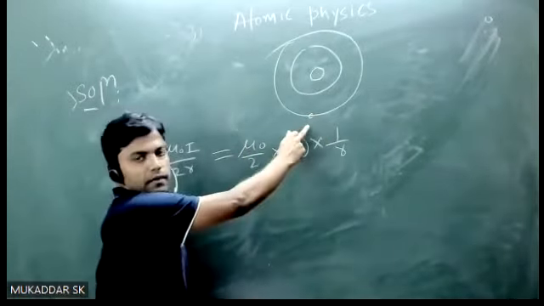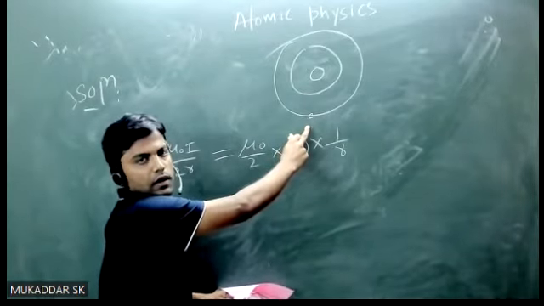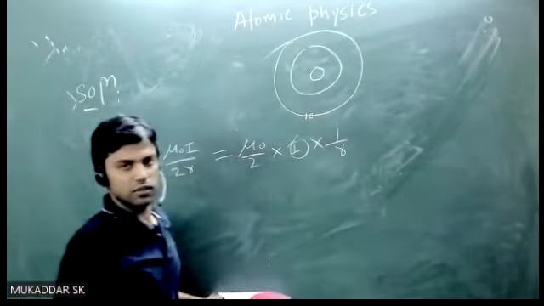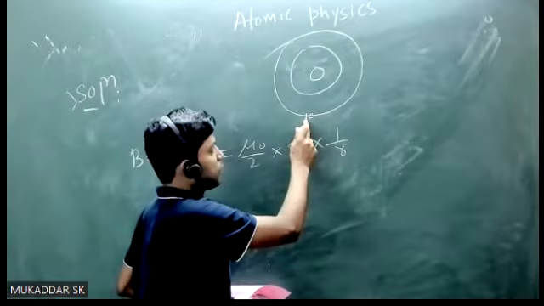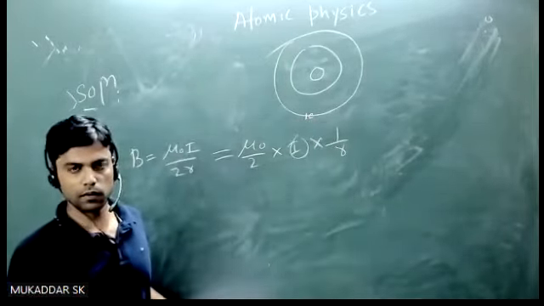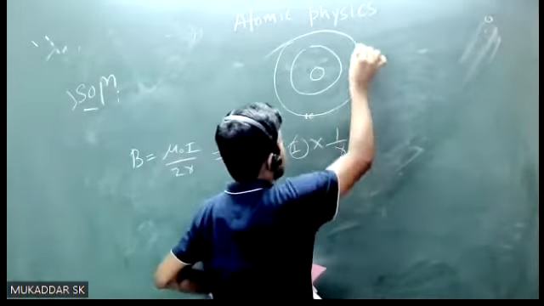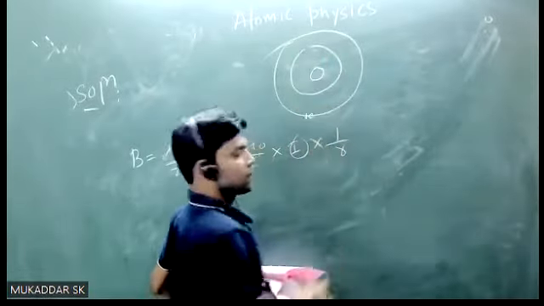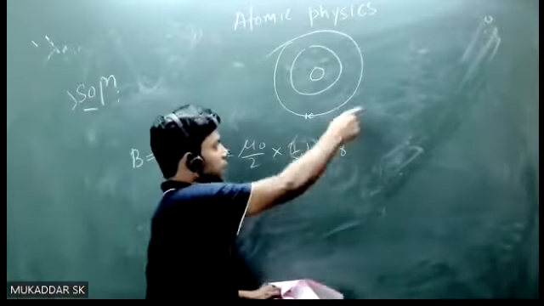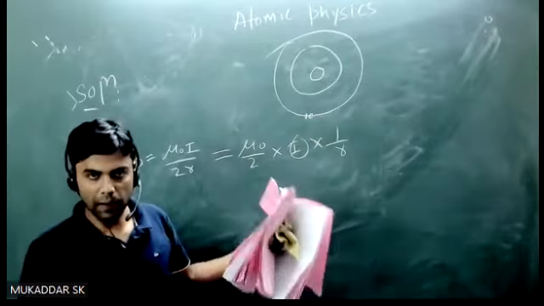Current is nothing but rate of charge flow. Take any cross section; the electron will cross it after completing the path, and the time it takes is its time period, denoted by capital T.